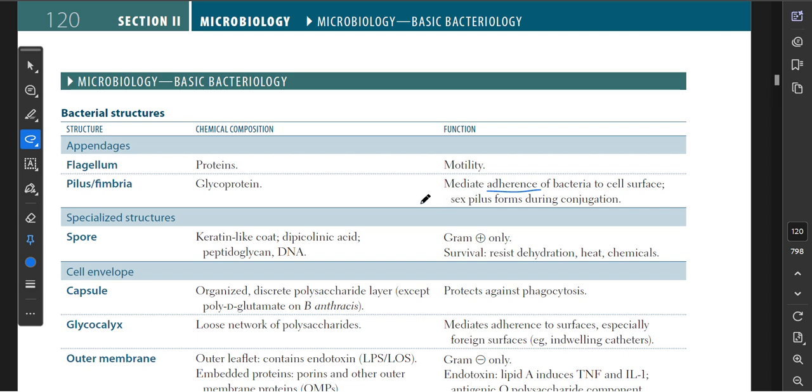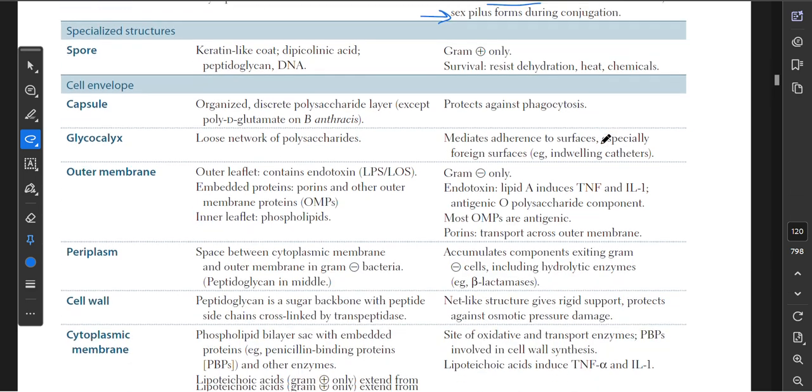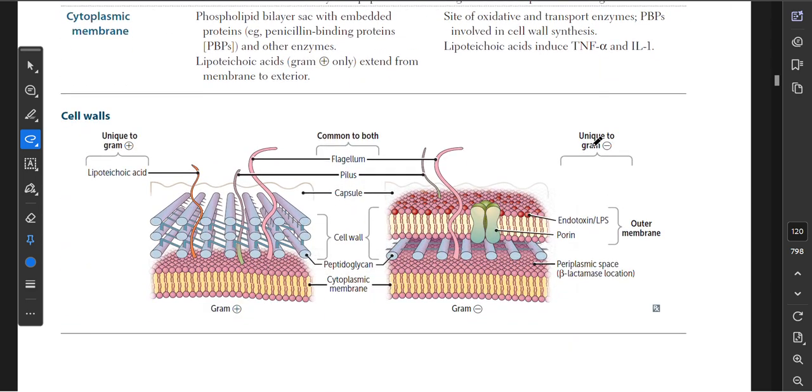But specifically, what does the sex pilus do? It helps in conjugation, mating, right? In this figure, we can see that this is the pilus, and this is the flagellum. And flagellum and pili are both present in both gram positive and gram negative bacteria.